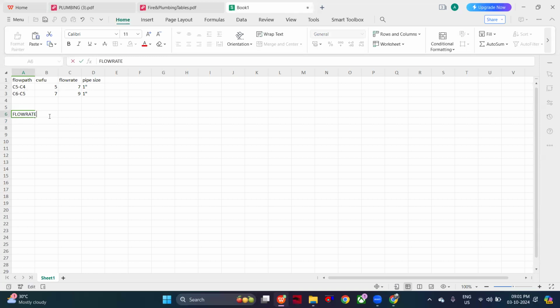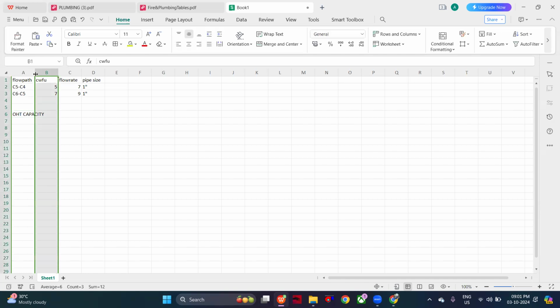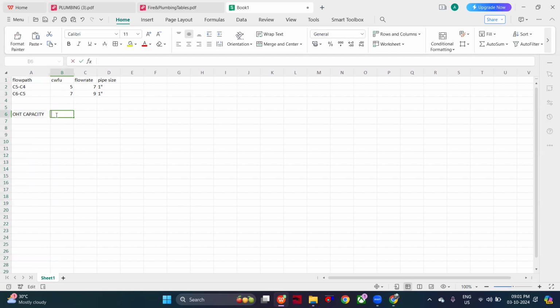Flow rate. OHT capacity is 15,000 gallons.